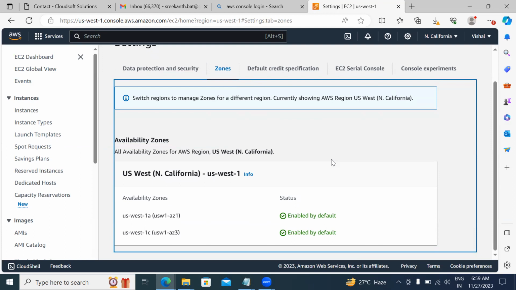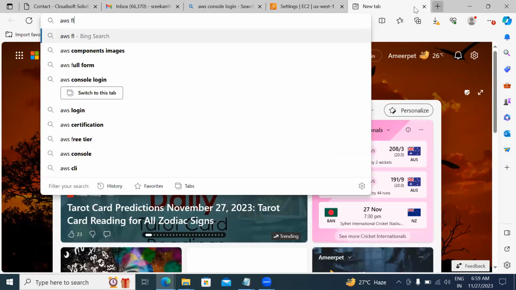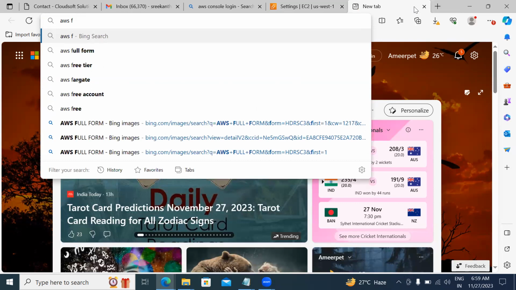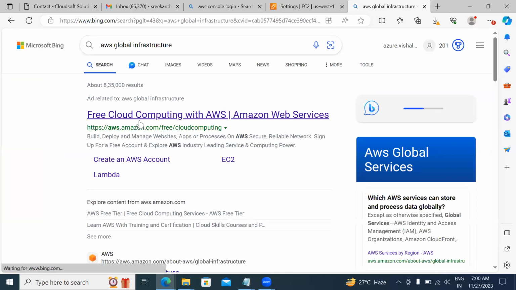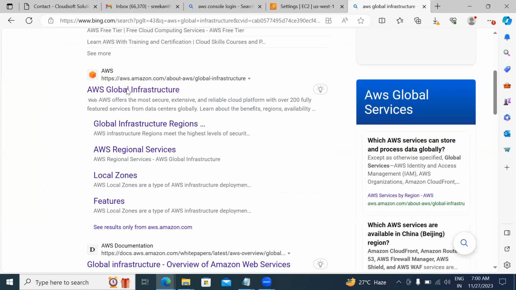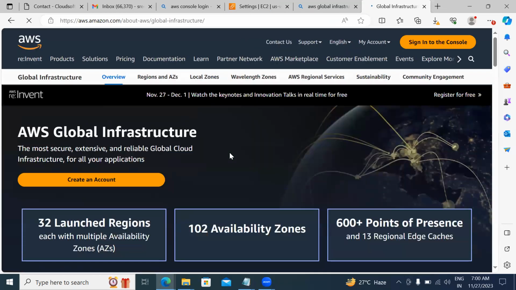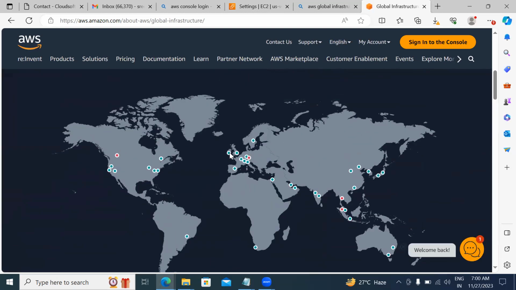Default enabled, we can request for more also. Okay, this is the map you can use.